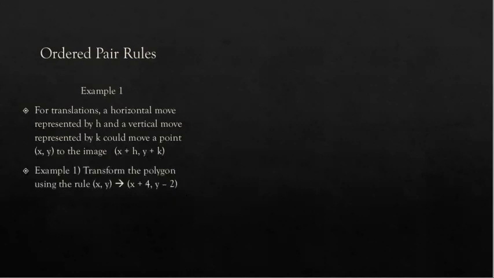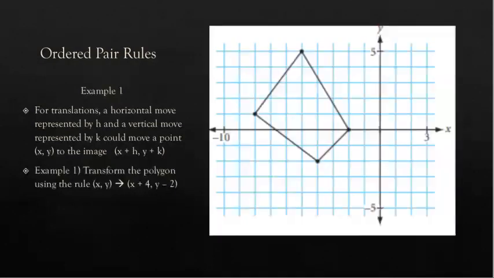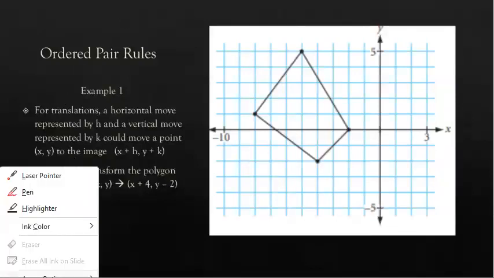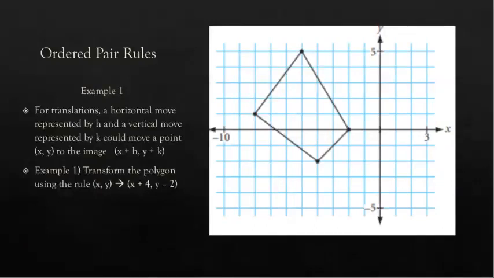So we're going to transform the polygon using this rule. We're going to use x plus 4 and y minus 2. So what that means is we're going to take each point and we're going to apply this rule of how to move the point. If we start with this point right here, I need to move it 4 in the positive x direction, 1, 2, 3, 4, and negative 2 in the y direction.